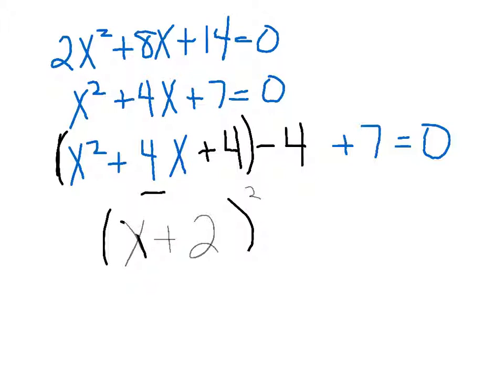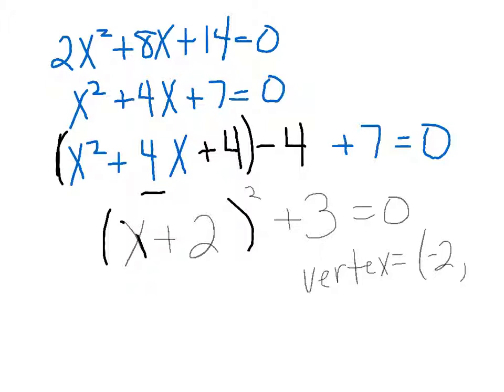Now, negative 4 plus 7 is positive 3. And so my vertex is negative 2, 3.